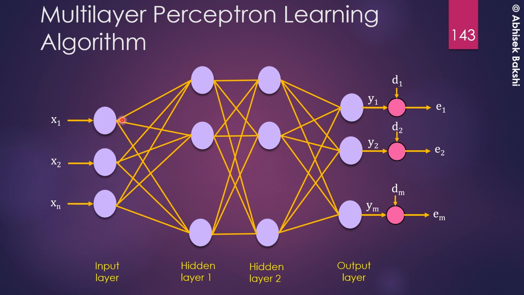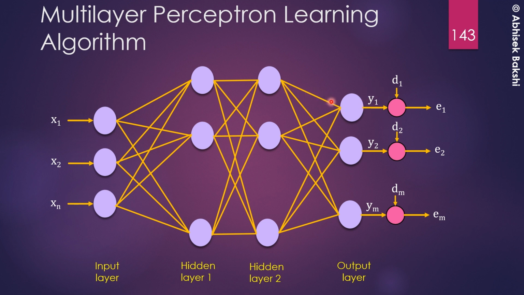Some data is fed towards the next layer. From this layer, another set of values is fed to the next layer. From this layer, another set of values is fed to this output layer, and then we get Y1 as a result. So that means you cannot say that Y1 is because of only this W.